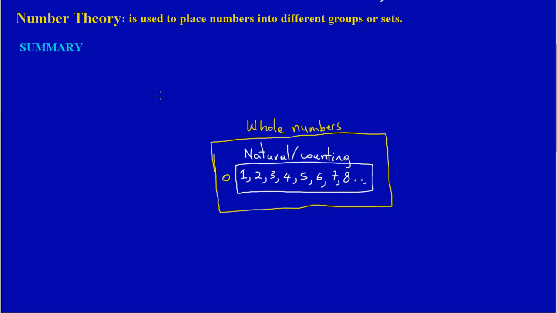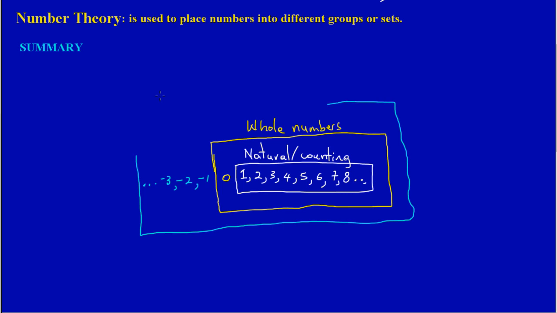Now if I should add the negative numbers to my whole numbers, I would have a negative 1 here, then a negative 2 going in that direction, and a negative 3 going in that direction. Let me just put three dots there to suggest that they continue. If I add my negative whole numbers to my set of whole numbers, then I would have my integers.